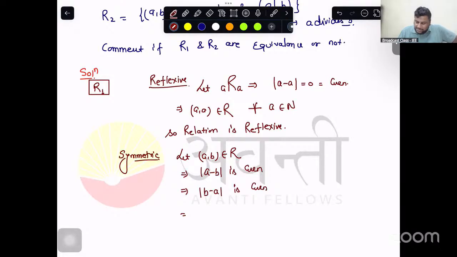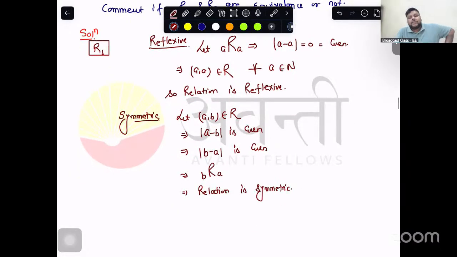This implies B is related to A. If (A, B) is there in the relation, then (B, A) should also be there in the relation because |B minus A| is also going to be even. Implies the relation is symmetric. Am I clear?